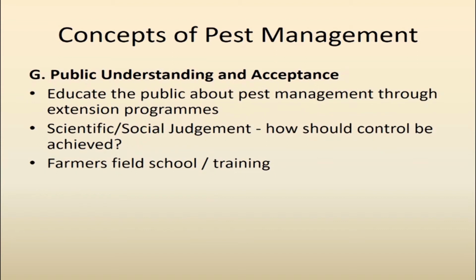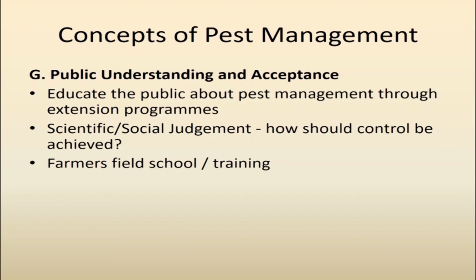And after implementing all these things, public understanding and acceptance is the crucial part of the concept of pest management. The farmers have to be appropriately educated about the technology, and it should be acceptable to that particular farmer, which will take into consideration social values and norms, taboos and other things, and how the pest management program is justified for that particular field.